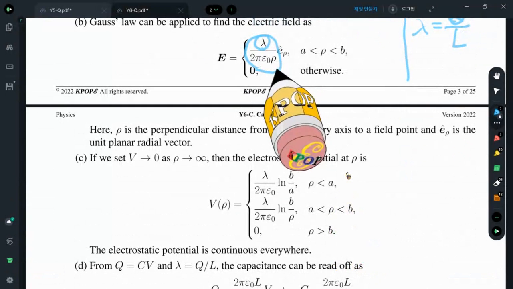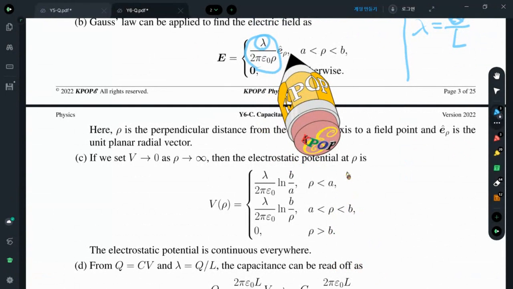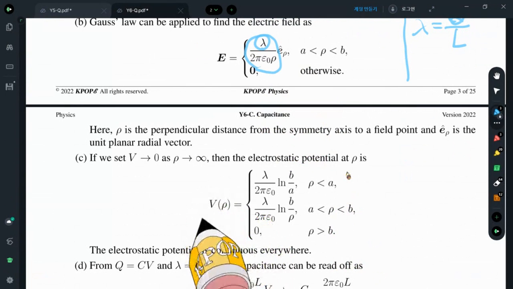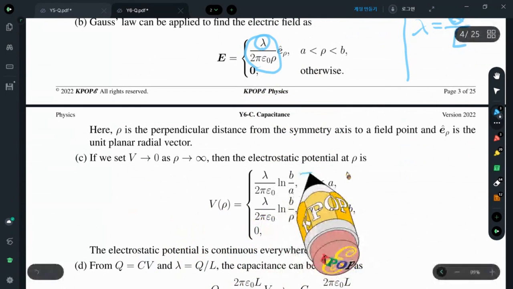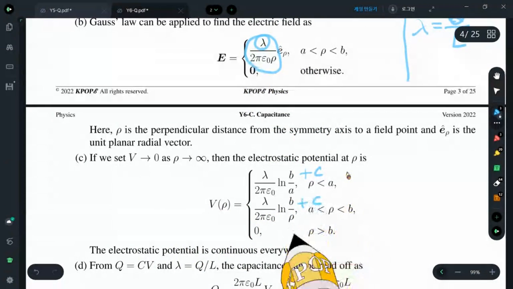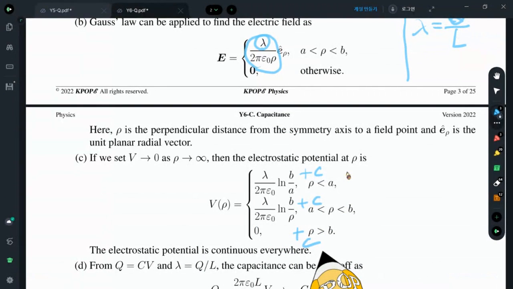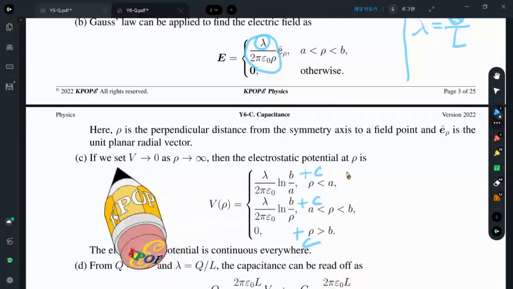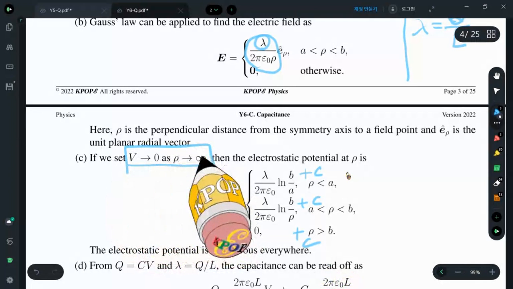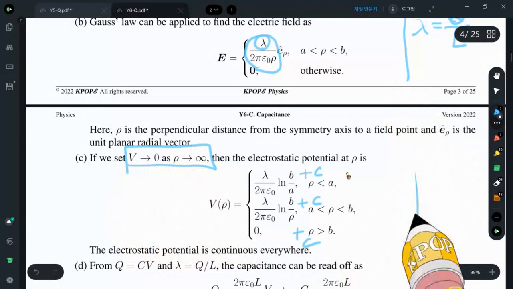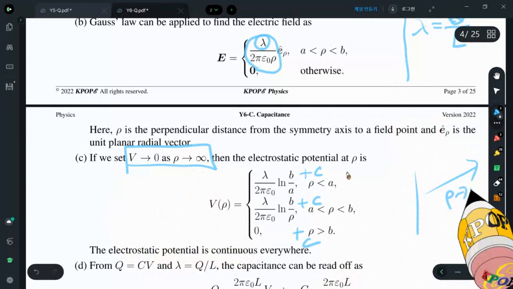To have the electric field in here, we have the potential. And the potential has a reference value, so any constant C can be added. To simplify our analysis, usually we set the potential to 0 at an infinite point far away from the coaxial cable, where rho goes to infinity.